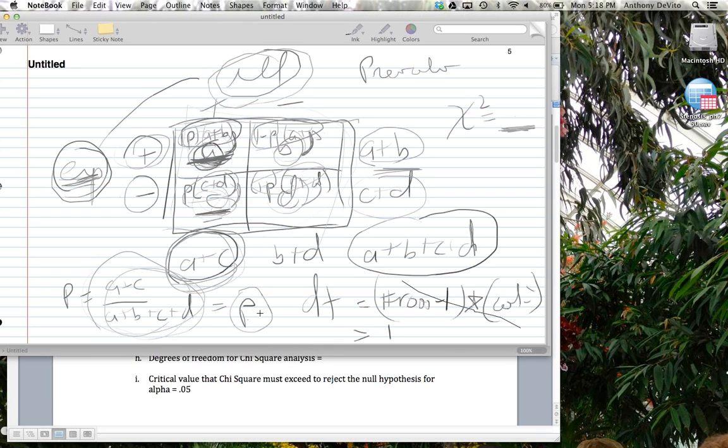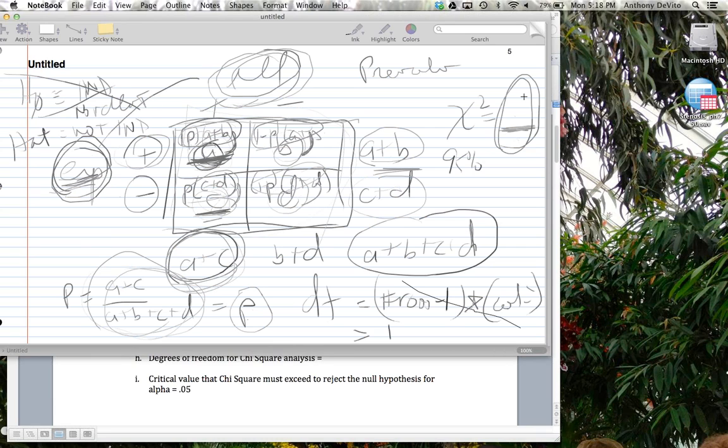So we actually can go to a chi-square distribution table, and we can look up to see what the critical value is. How big a value of chi-square do we have to get to say with 95% certainty that that number is big enough to say that there is a relationship between exposure and illness, that we can reject our null hypothesis that they are independent, or that there's no relationship between the two of them, and accept our alternative hypothesis that they're not independent, that there is a relationship between the two of them.